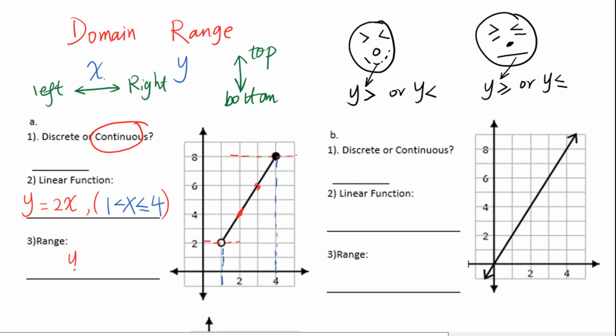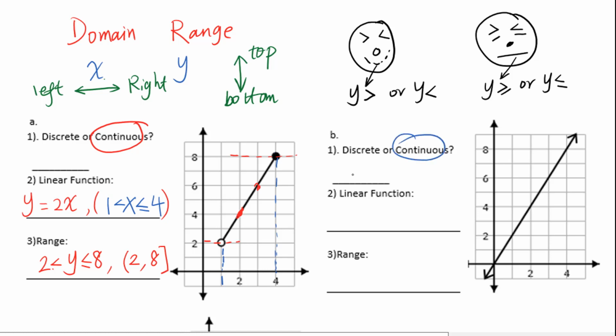So we can write down y greater than 2 and less than or equal to 8. You can also use interval notation. That is open parentheses from 2 to 8, and this is a bracket.